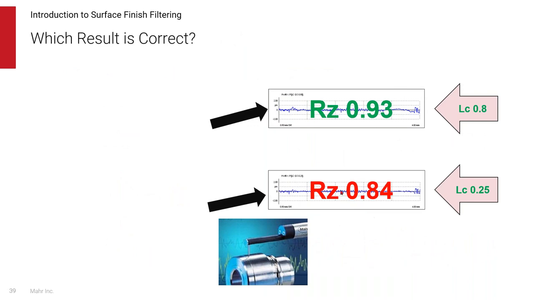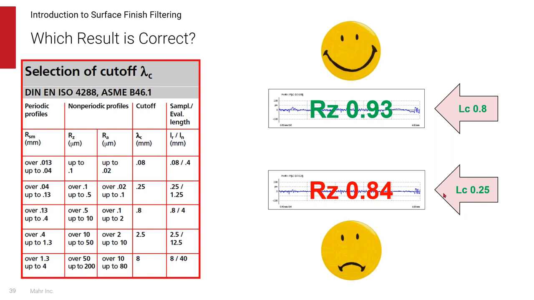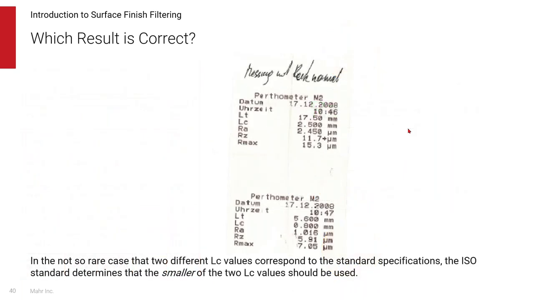So here's an example. We've got an Rz of 0.93 with the 0.8 cutoff. Here's an Rz of 0.84 with the 0.25 cutoff. So which one's correct? Well, it's based on the two readings that we've measured.